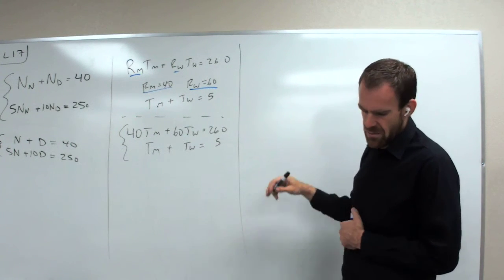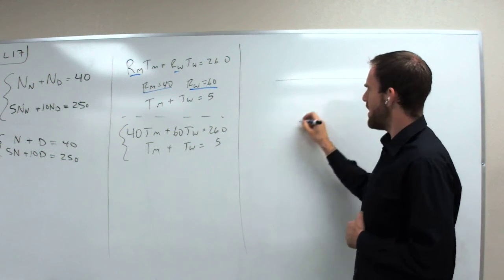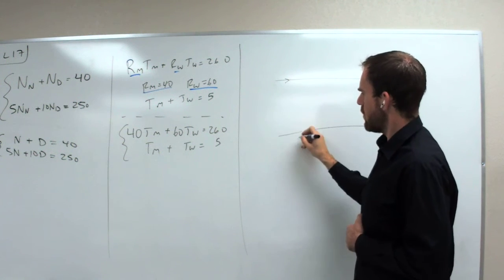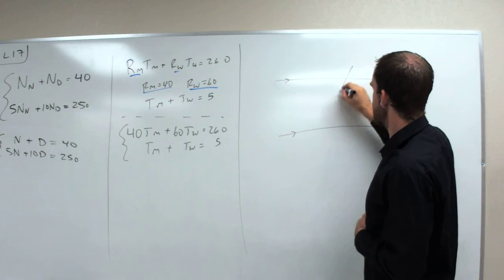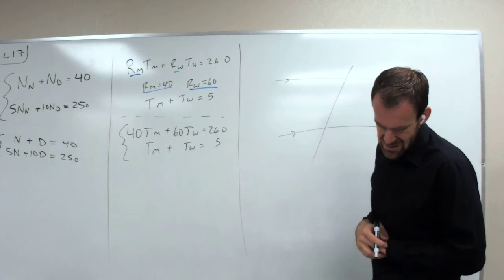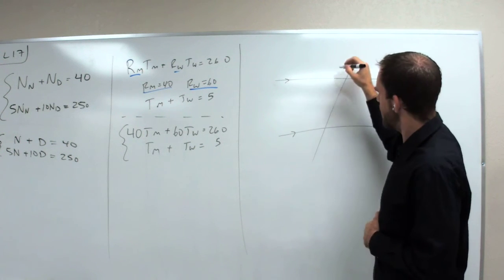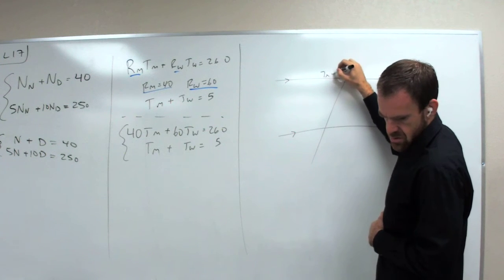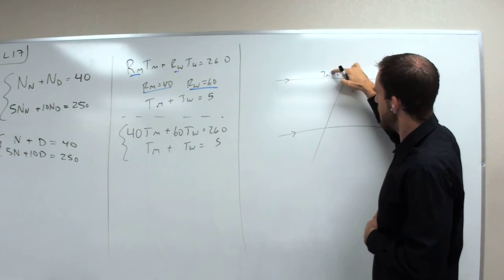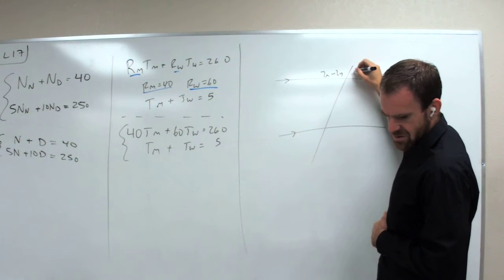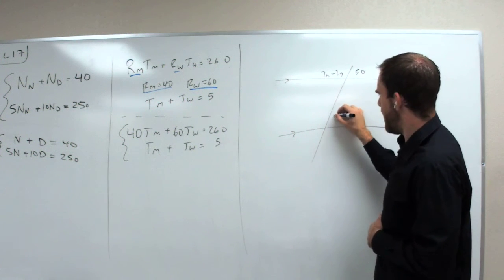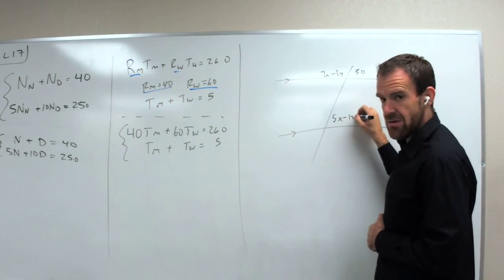Okay, the last part of our problem set is when you have two parallel lines and you have an angle that goes through them, and we see that they want us to solve for the value of x and y. So we have 7x minus 2y, we have 50, and we have 5x minus 10y.